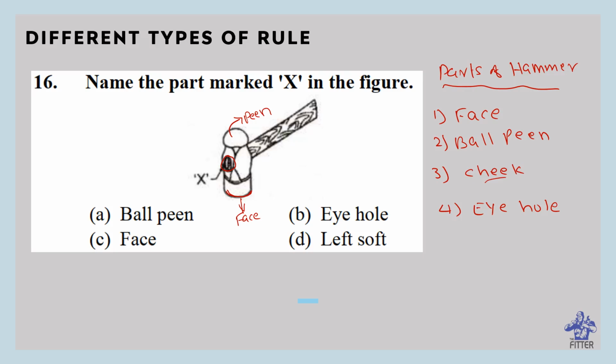And the cheek, that is the middle part of the hammerhead. It is cheek. Eye hole we have discussed, that is the X mark here. So you can observe here, this is the eye hole. It is meant for fixing the handle. This is handle. So here the answer is eye hole.